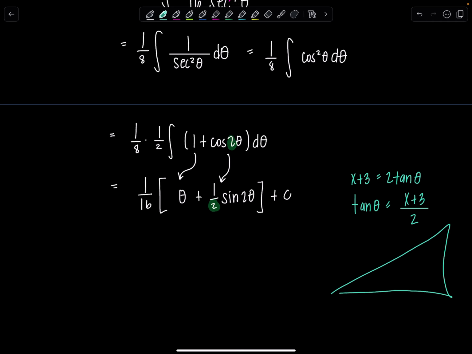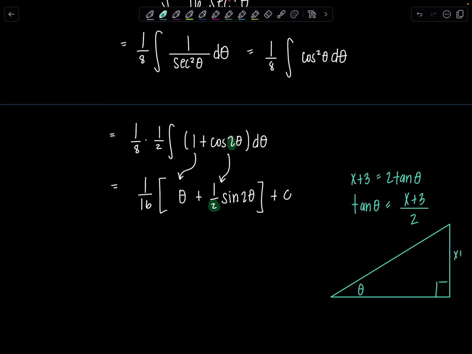Okay, so I'm going to draw a triangle, right triangle, put theta somewhere. Tangent of that angle should be x plus 3 over 2, so opposite over adjacent. And then I can use the Pythagorean theorem, find the hypotenuse, and I know x plus 3 squared plus 4 gives me back x squared plus 6x plus 13, which we saw in the beginning of the problem.